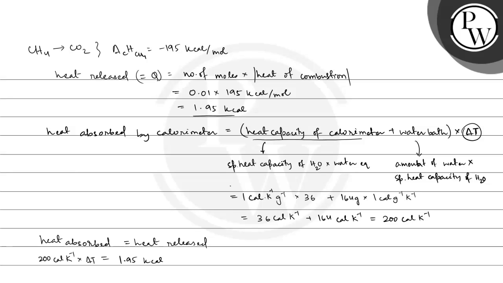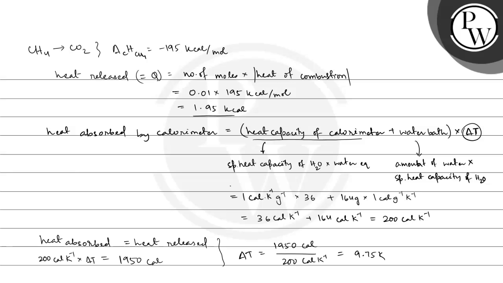1.95 kilocalorie we can also express in simple calories, by multiplying it by 1000. So 1950 calorie. All right. From this we can calculate delta T. Delta T is equal to 1950 calorie divided by 200 calorie Kelvin inverse, and this value is 9.75 Kelvin.